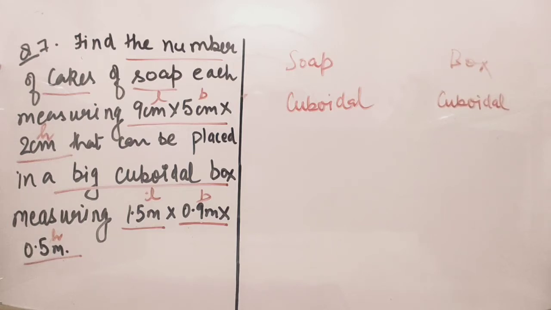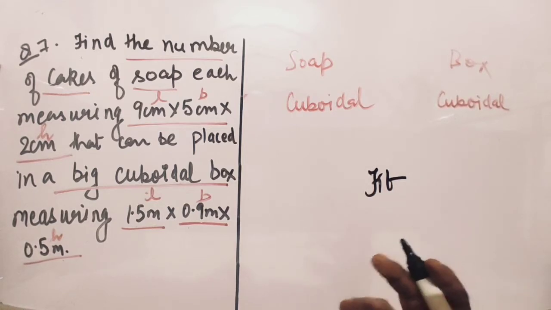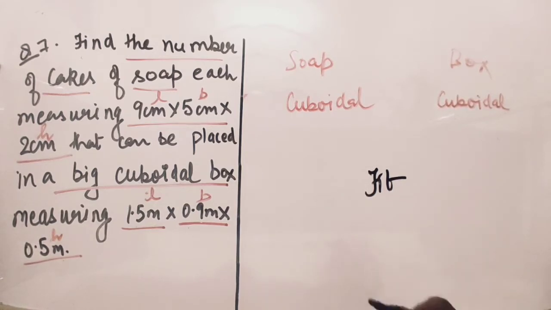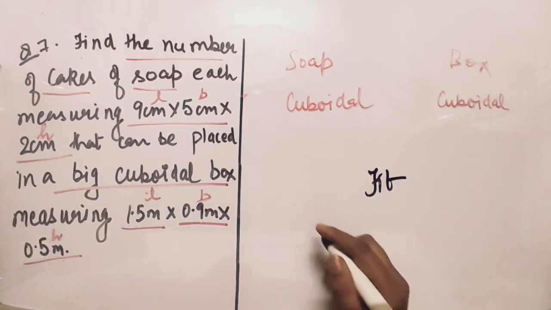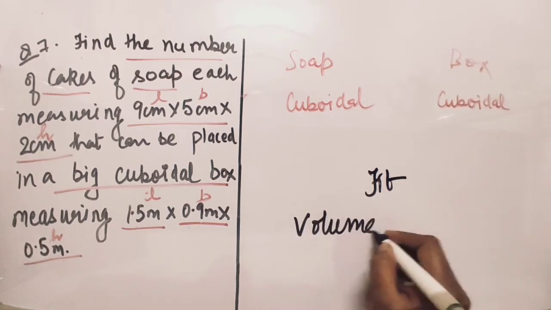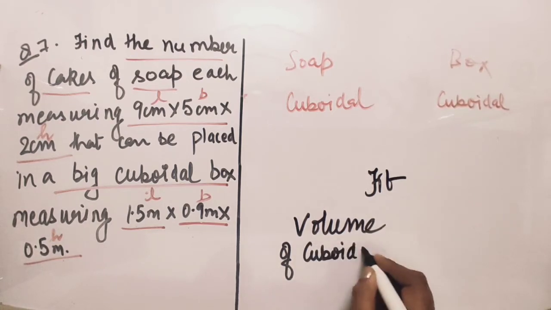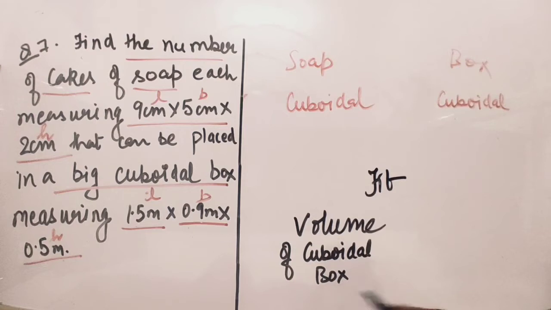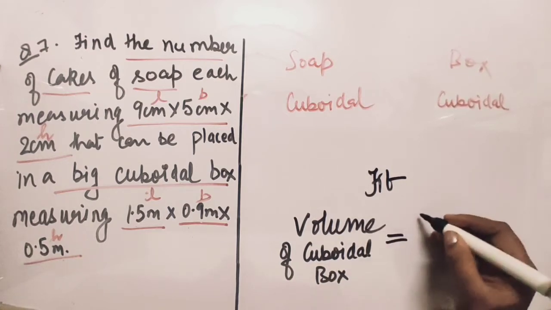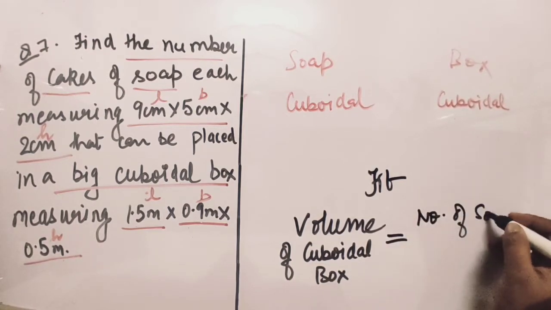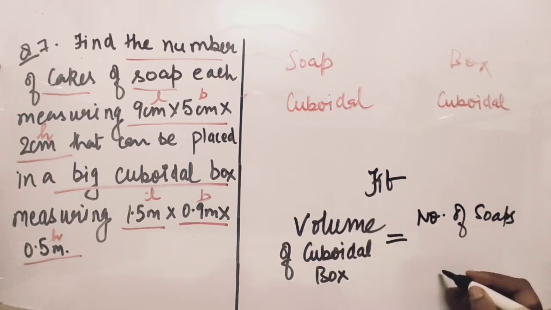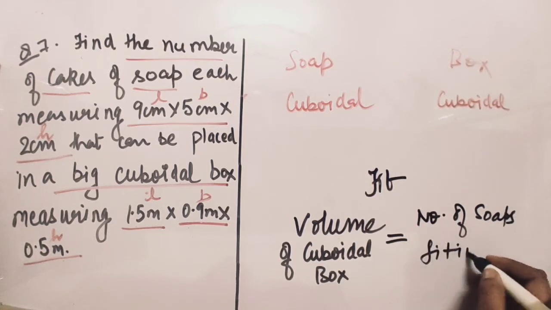Fitting into the box means it is going to acquire some space, and when something is acquiring space, we are talking about volume. So simply, the question is about the volume of a cuboidal box. It has to be equal to the number of soaps that are going to fit into it.